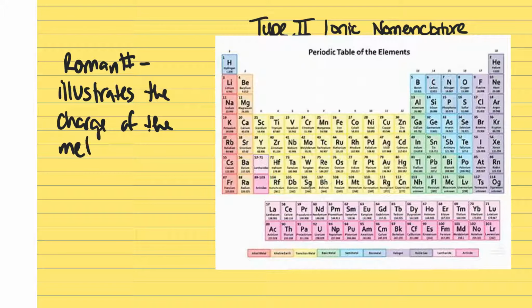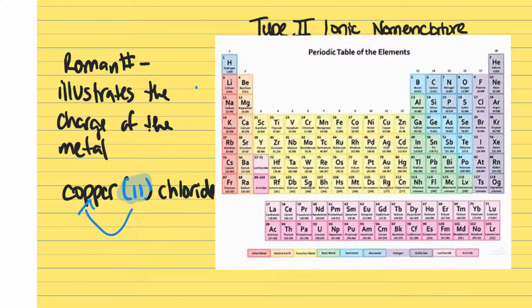For example, we typically write copper(II) chloride. This Roman numeral tells us that copper in and of itself has a charge of +2.